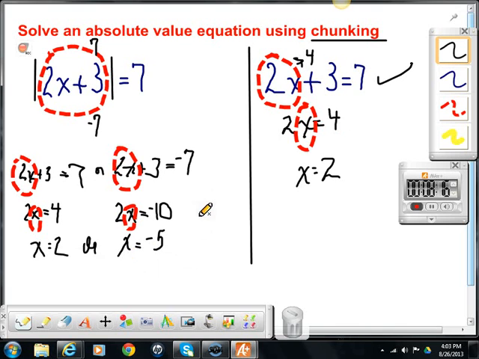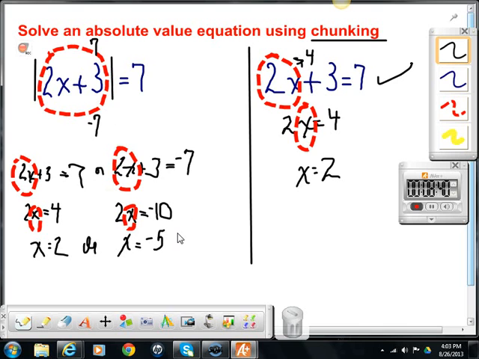And a negative 10 plus 3 equals a negative 7. The absolute value of a negative 7 is 7. So we have 2 solutions, and both work. 2 or a negative 5 works.